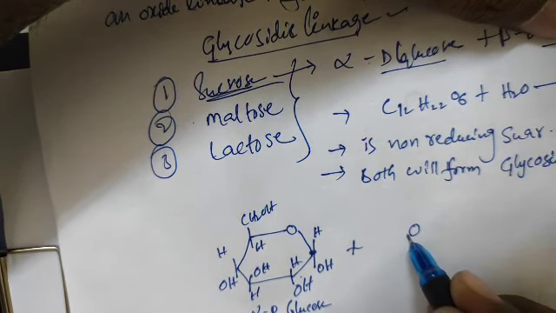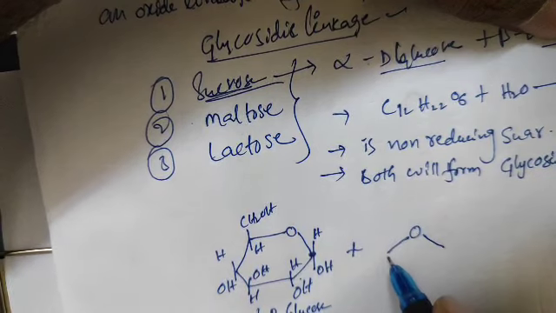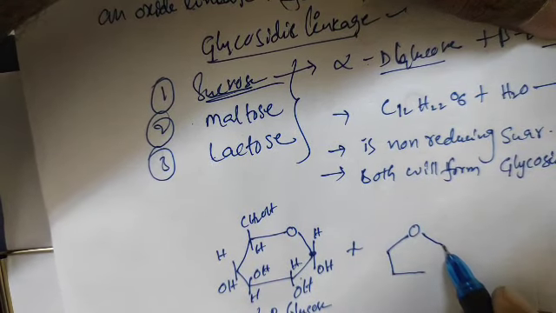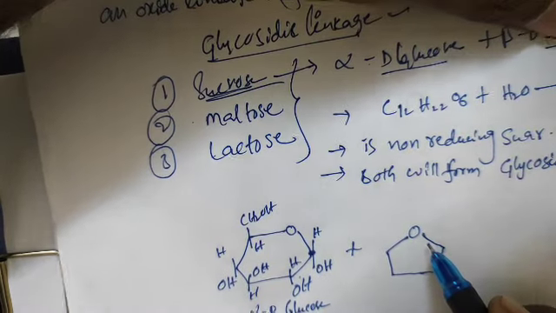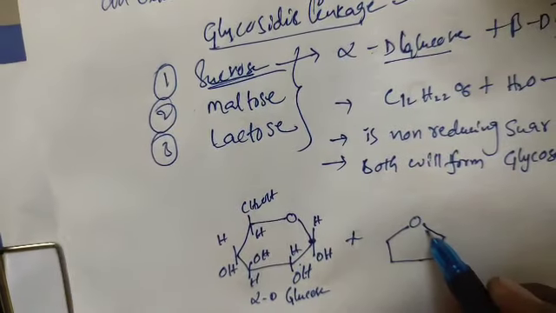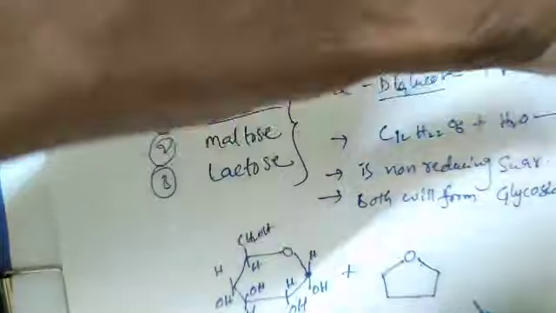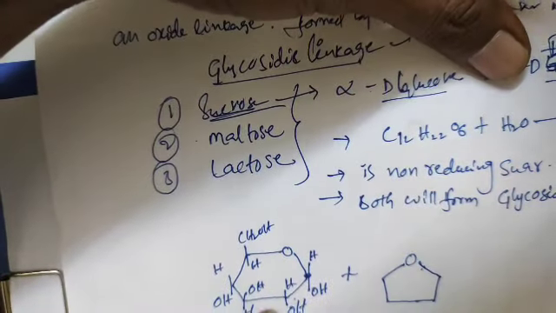This is fructofuranose, 5-membered, while this is the 6-membered ring.